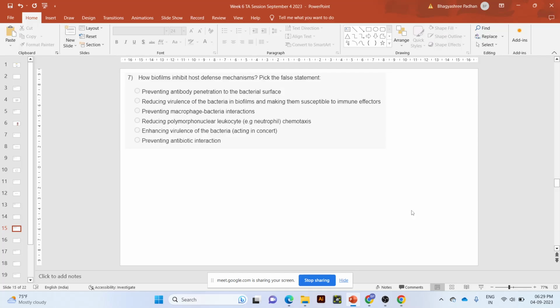As we discussed before, it rather increases the virulence of the bacteria in biofilms and prevents the immune cells from entering. That is how it inhibits host defense mechanisms. Whereas here it says it reduces virulence, which is false. So this will be the correct answer.